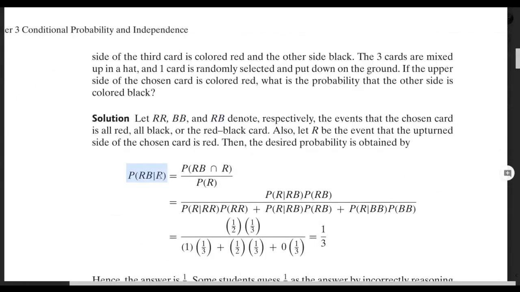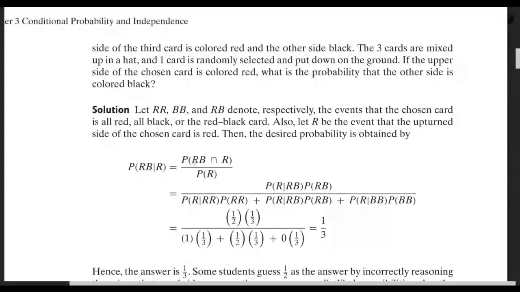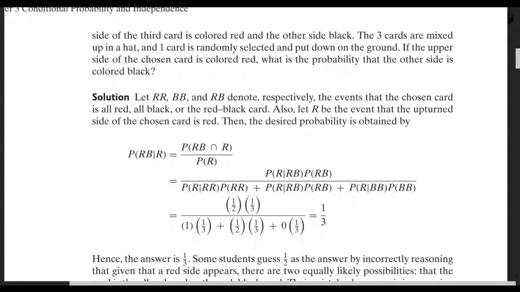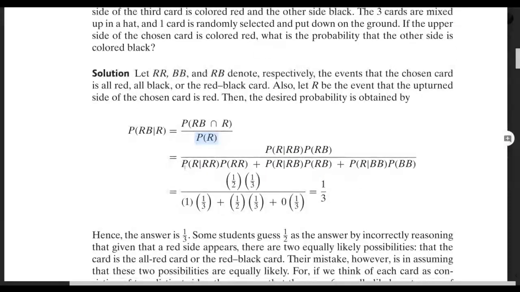So the probability of the card being the third one, given the upper side is already red, is the probability of the intersection of those two divided by the probability of R. The numerator is the probability of being the third card multiplied by the probability of the upturned side being red given the third card. Then divided by the denominator P of R.